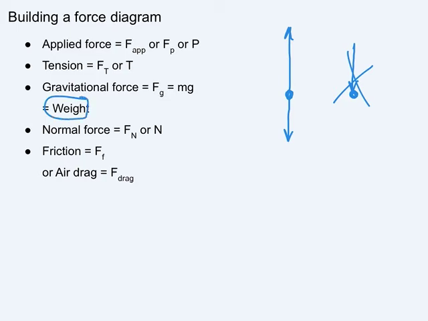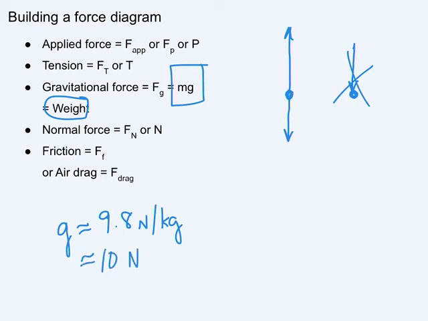Make sure that you recognize that within your problem solving. And again, you can just label that F sub g for gravity, but I tend to label that force mg right away because I almost always have to calculate that. Recall that the value of g is approximately 9.8 here in Champaign, and you can certainly use that number if you like, but you're going to see me use 10 in my problem solving and on tests and so forth.